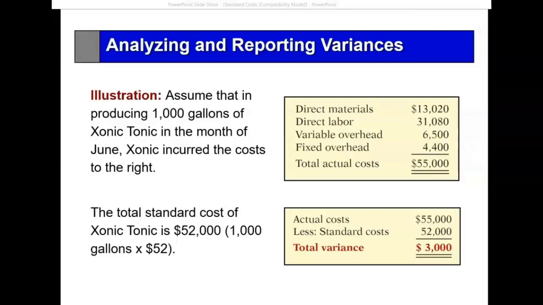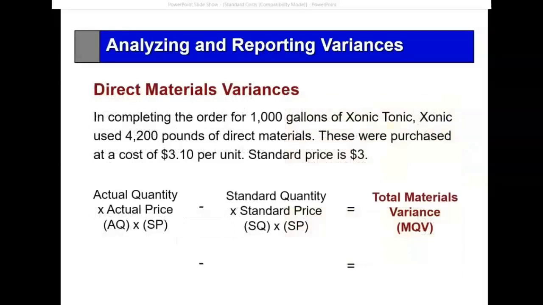Now, this is a function, as I said, of two things: the amount of pounds I used and the price I paid. So we're going to examine the price first. The material price variance is computed by looking at the actual quantity I used times the actual price versus the actual quantity times the standard price.